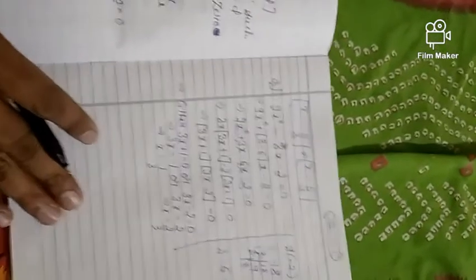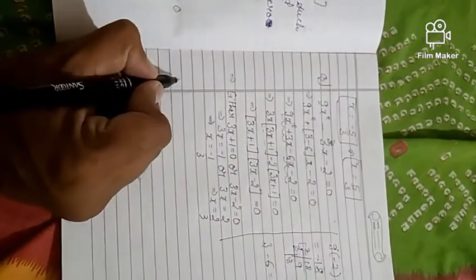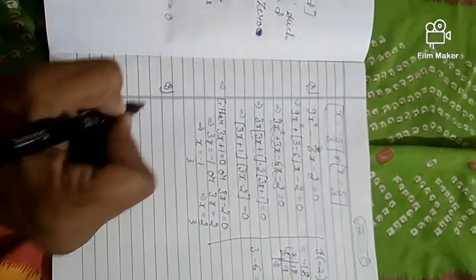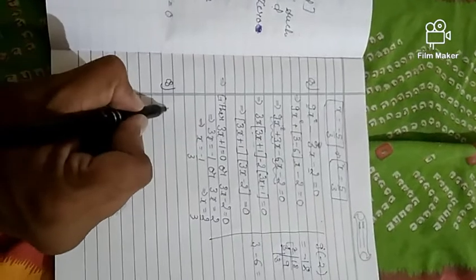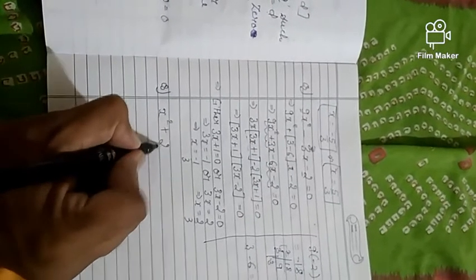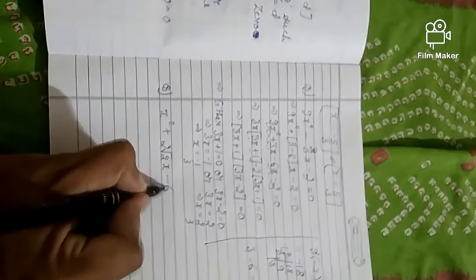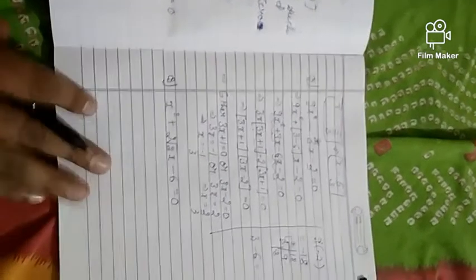Okay, one more question I will show you for better understanding. Suppose I have a question, x square plus 2 root 2x minus 6 equal to 0.